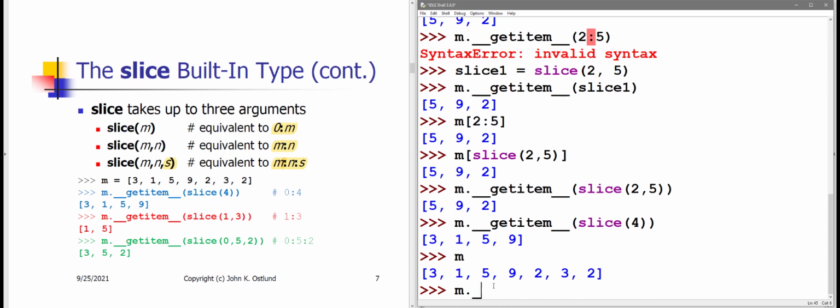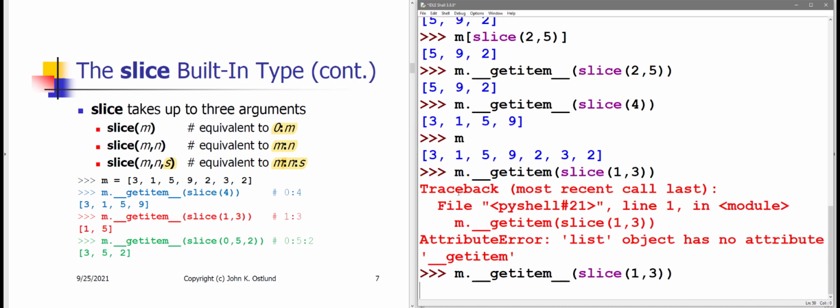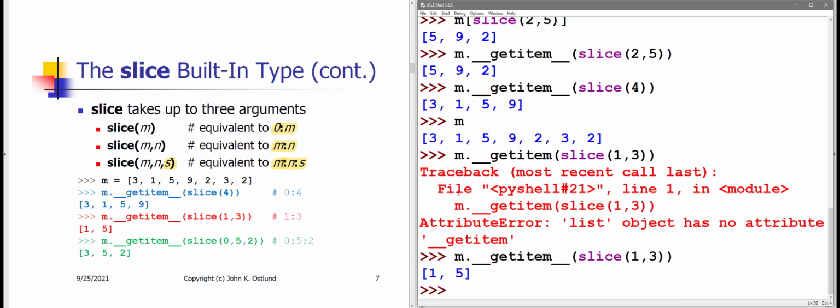And if I say m dot dunder get item, well, I did 2, 5. Let me just go ahead and do 1, 3. Whoops, I got my first dunder, but not my second dunder in that call. Here we go. Okay, so there we are.